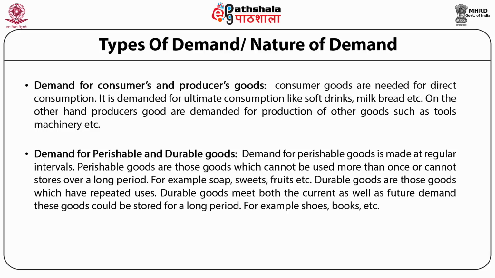For example, soap, sweets, fruits, etc. Durable goods are those goods which have repeated uses. Durable goods meet both the current as well as future demand. These goods could be stored for a long period, for example, shoes, books, etc.